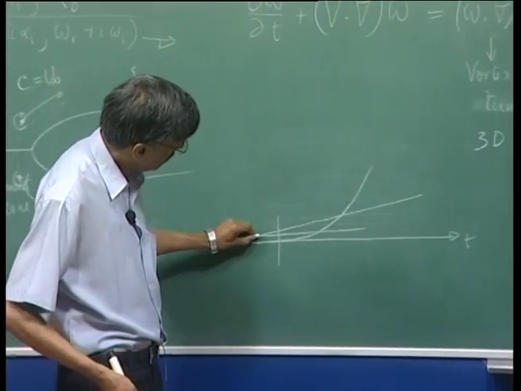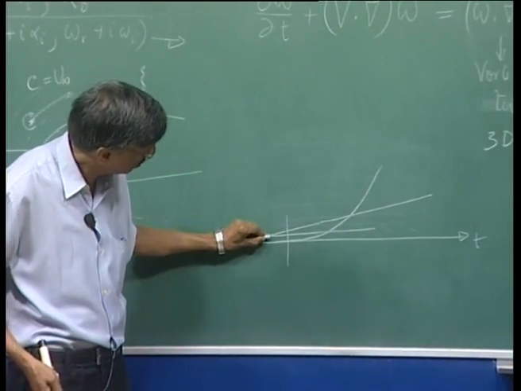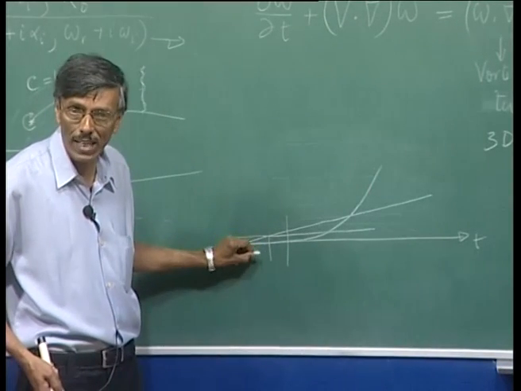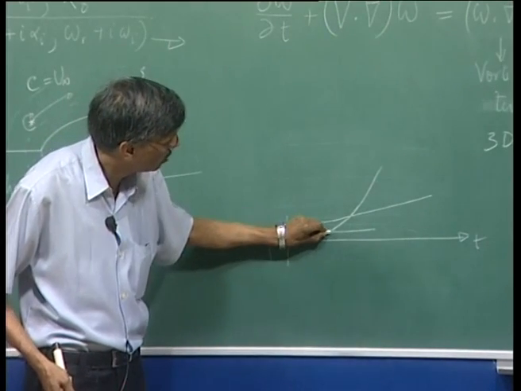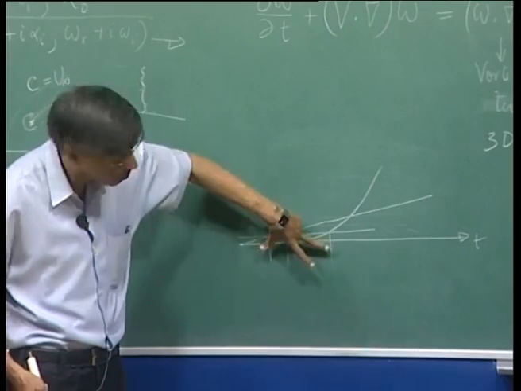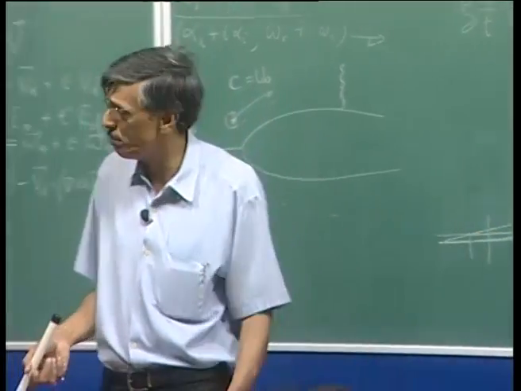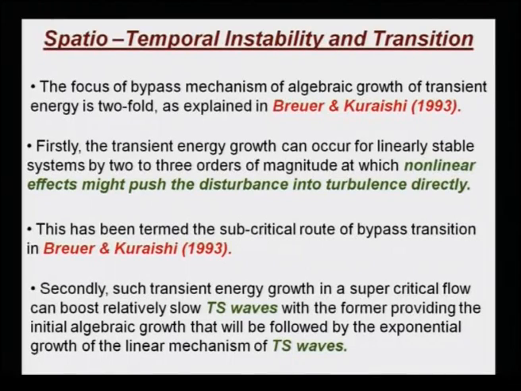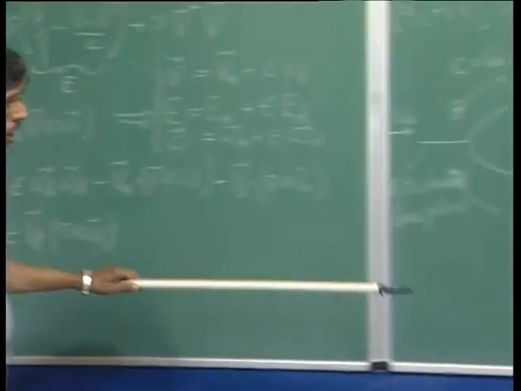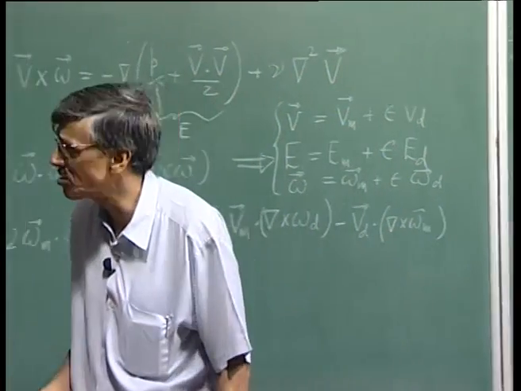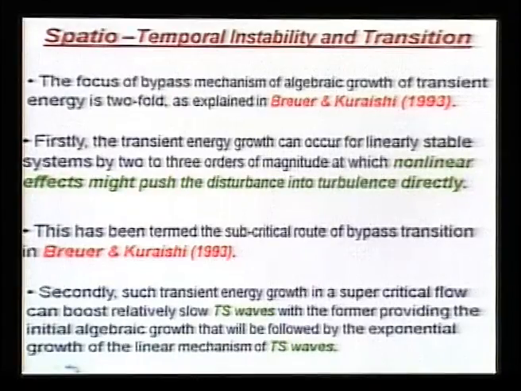Then you can see for the initial algebraic growth, I have to go up to this time, whereas if I had depended upon exponential growth, I had to wait up to that long a time. So, whether I wait for this time or that time depends on whether the algebraic growth is present or not. They are saying that if you have algebraic growth, then the nonlinear threshold can be reached earlier in the initial stages by such a mechanism.